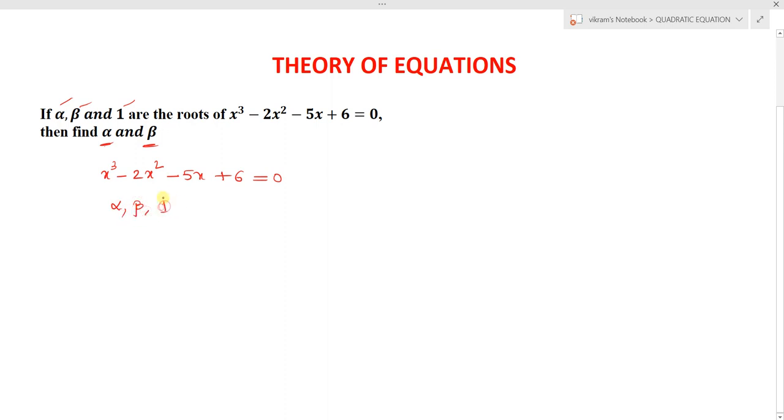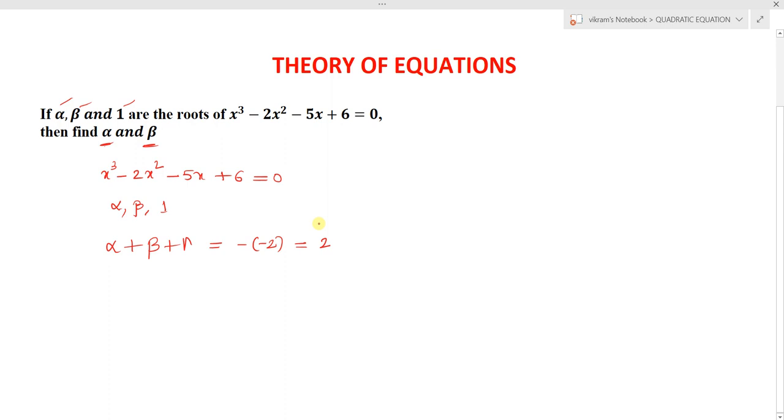The sum of the roots, alpha plus beta plus gamma, equals minus of the x square coefficient by the x cube coefficient, which is minus of minus 2, equals plus 2.